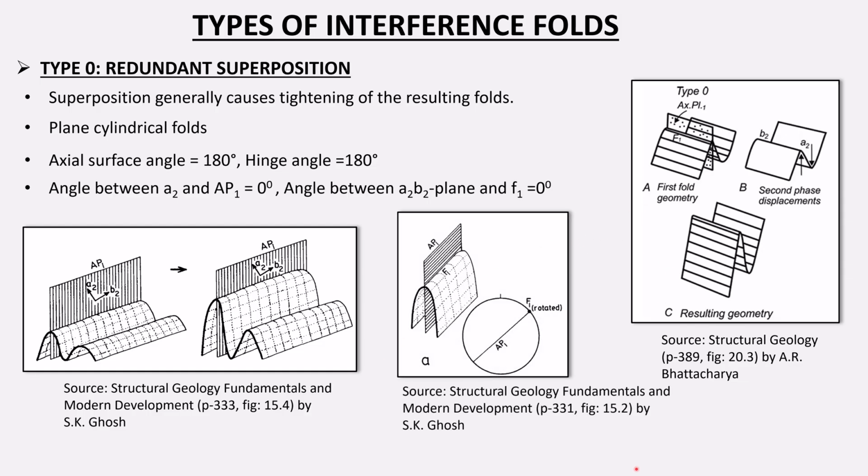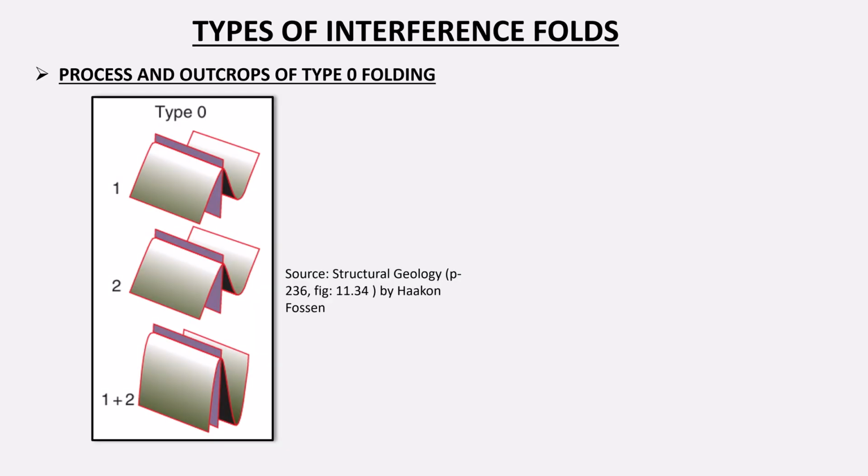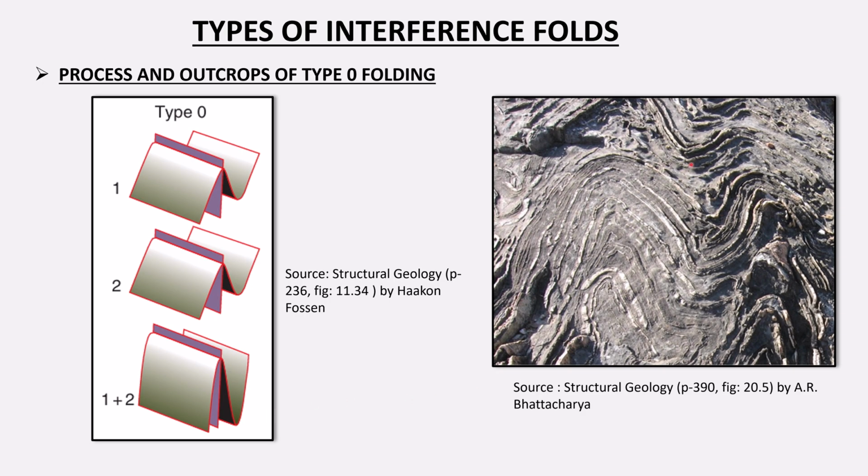Here is the stereographic projection of this kind of fold. Here also you can see the first generation, second generation fold and their resulting fold. Here is a field photograph of this type 0 folding.